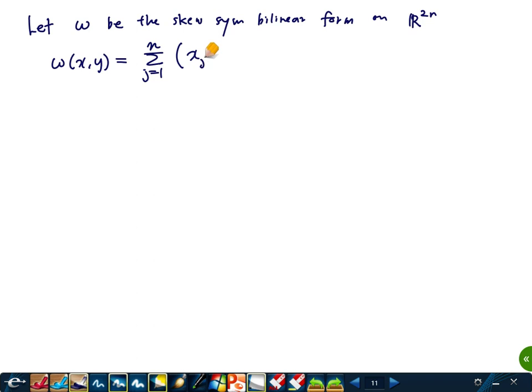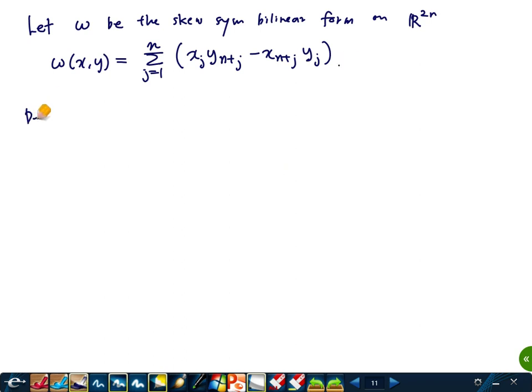Yeah, it looks a little strange at first sight. Minus x_{n+j} y_j. Skew symmetric means if you exchange x and y, then we get a minus sign.